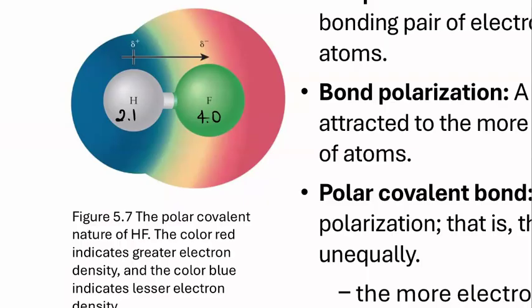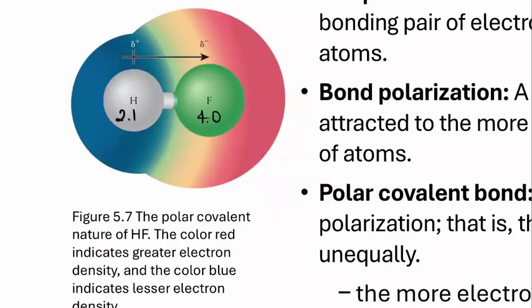We can observe that around fluorine, because it's more electronegative, there's higher electron density. In this molecule, since fluorine is more electronegative than hydrogen, we see bond polarization.